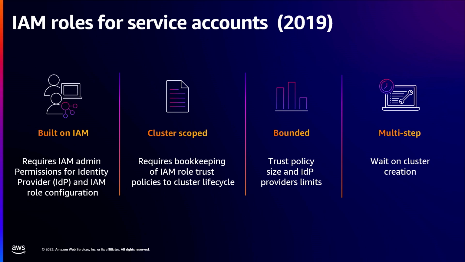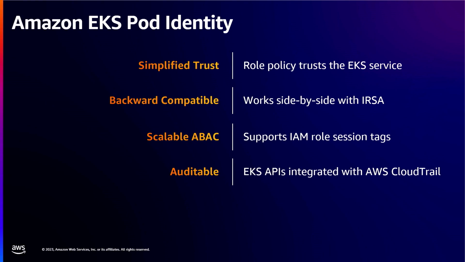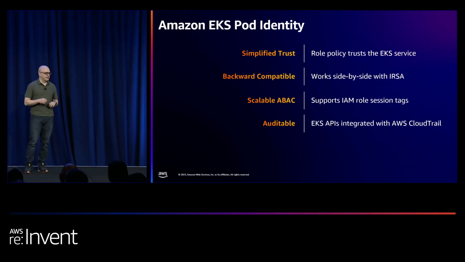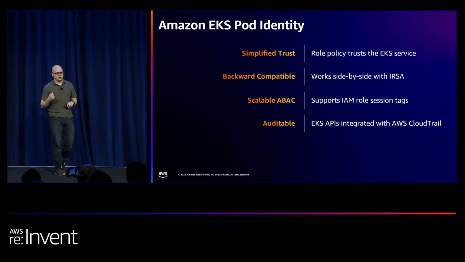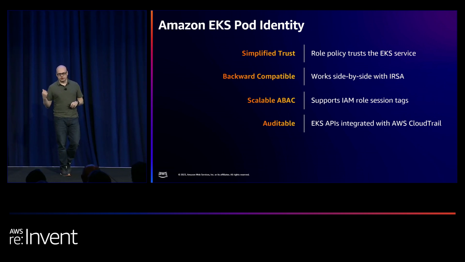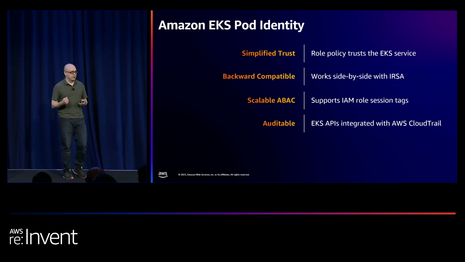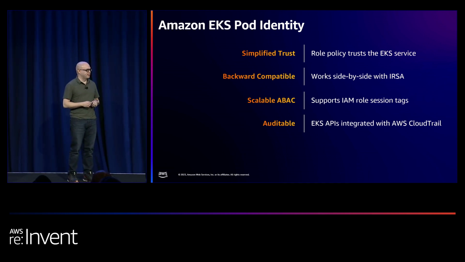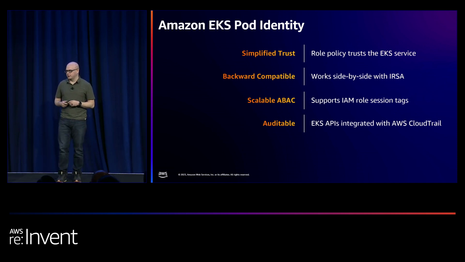Thanks, George. Yeah, so I'm really excited about this launch. Some of the key points here are just that it really simplifies the trust. As George talked about, updating the role trust policy requires a lot of permissions. In order to update a role trust policy, you basically have to be admin.